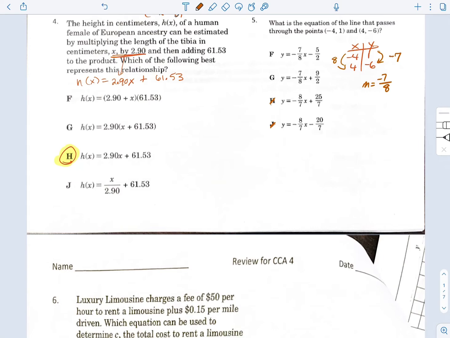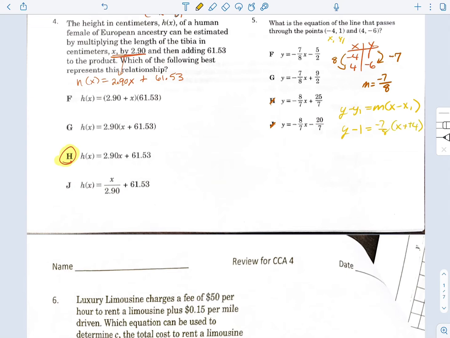But what we can do now is use this point, like for instance -4, 1, let that be our x1, y1. And we're going to plug that into our point slope form. Let the point slope form on this test be your best friend. So y minus 1 equals -7/8 times x minus -4.